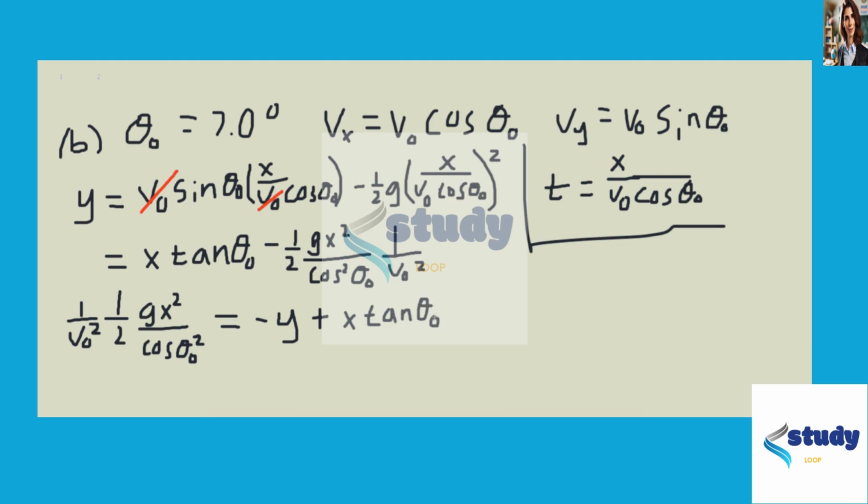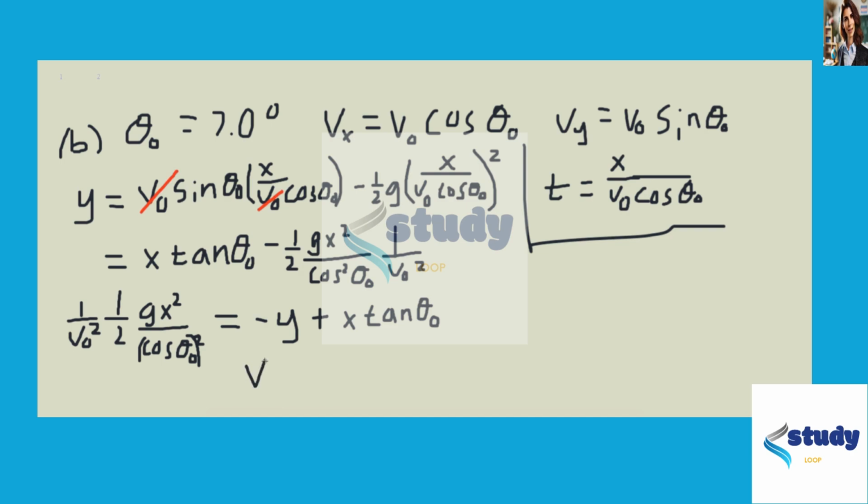Now let's multiply 2 on each side to get rid of the 1/2, and then we need to multiply by the inverse of g x squared over cos squared theta. Oh, and I did not use correct notation here. Let me put some parentheses on the outside of this. The whole thing is squared. The inverse of that needs to be multiplied by each side, and then we can invert that whole thing to get v naught squared.